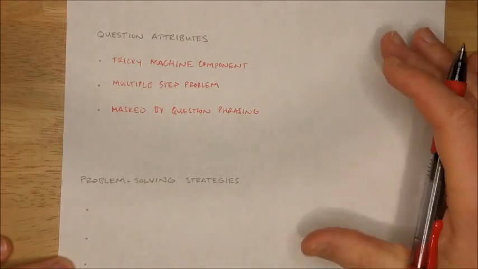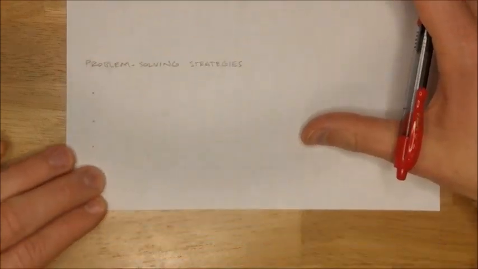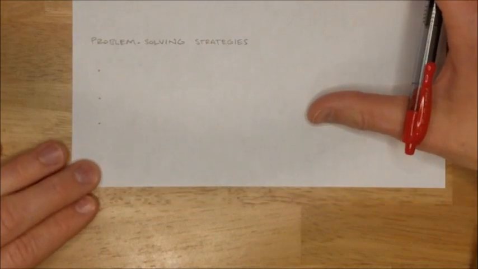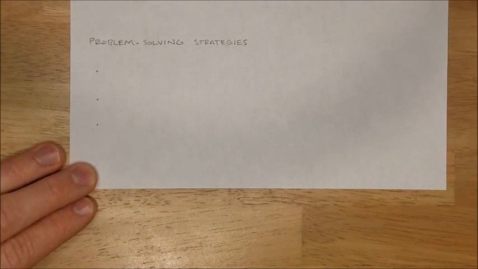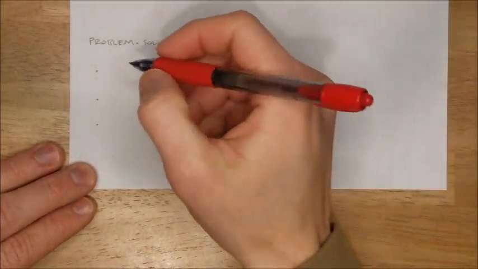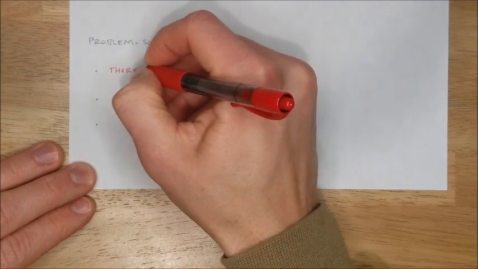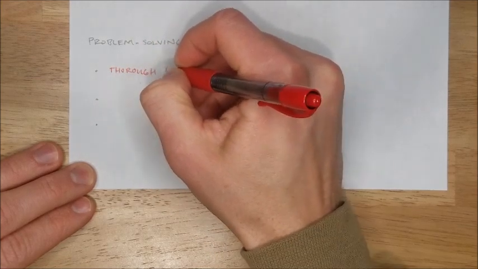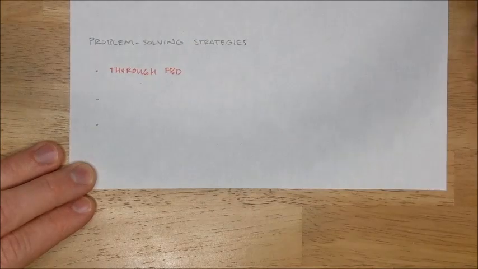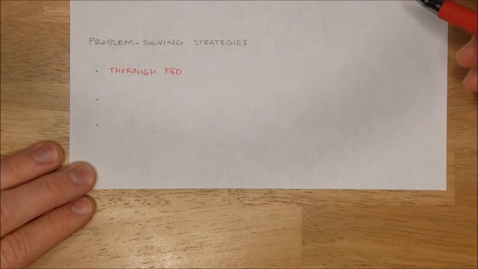So what can we do to mitigate some of these difficulties? Well, the first thing that we should do with any statics problem is a good free body diagram. But for these components, it needs to be very thorough. So take your time, breathe, draw it out slowly, make sure you draw all your reactions in the right spot.